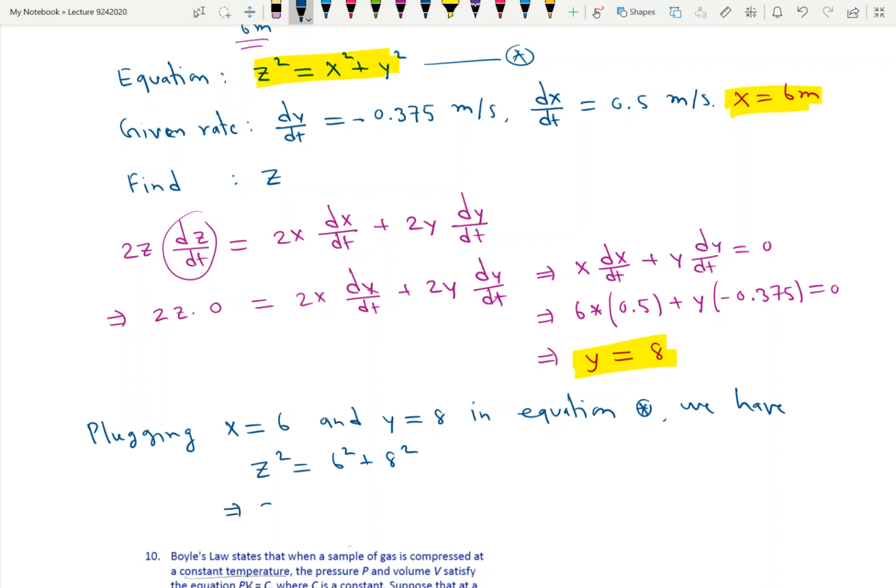So z square equals 100 and z would be the square root of 100, which is 10. There is a plus minus sign here, but it would always be positive because the length of the ladder cannot be negative. So 10 meters, this is the answer.